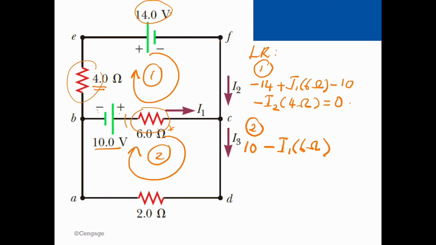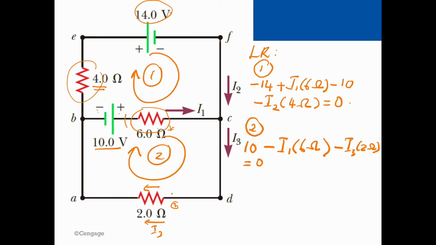Okay, the next one, the loop traverses, this is the third one here, in the same direction as the current. This is I3. If it is the same direction, then the voltage is dropped. Negative I3 times 2 ohm equals 0.